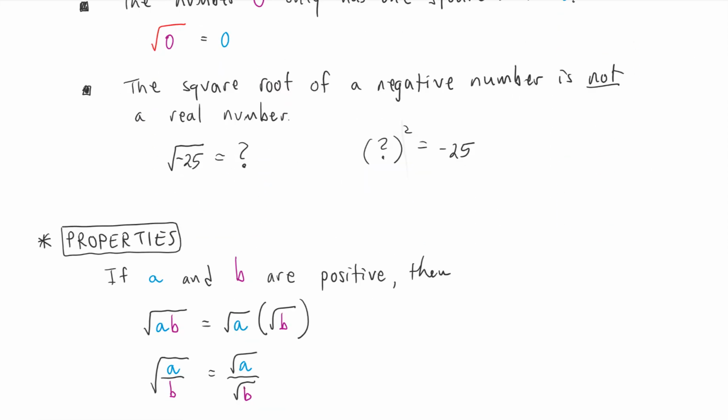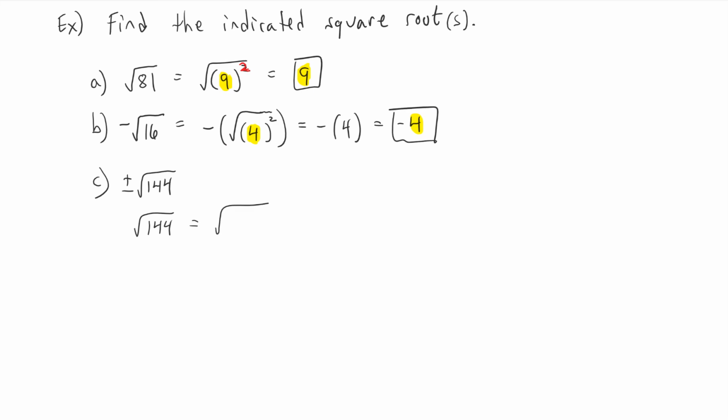So the principal square root of 144 is 12. But they did ask me for the opposite, the negative square root also. The work wouldn't be any different. So 12 and negative 12 both. In other words, that's the symbolic way of saying, what are both square roots of 144?